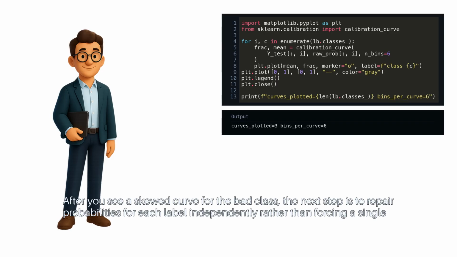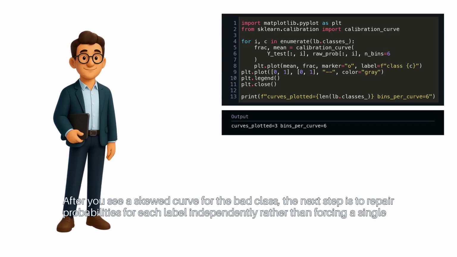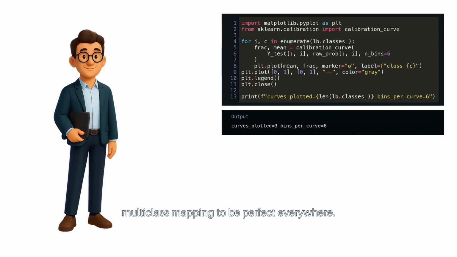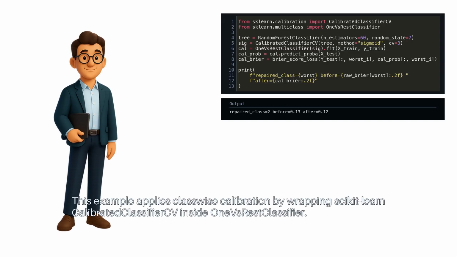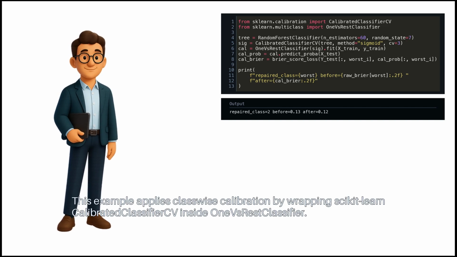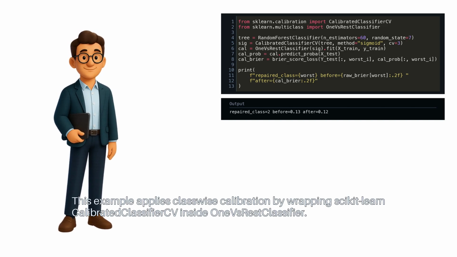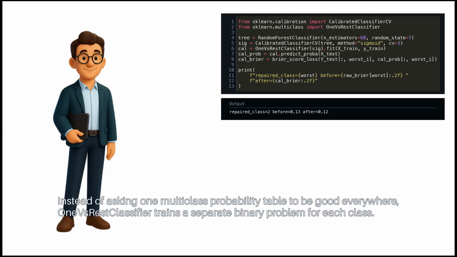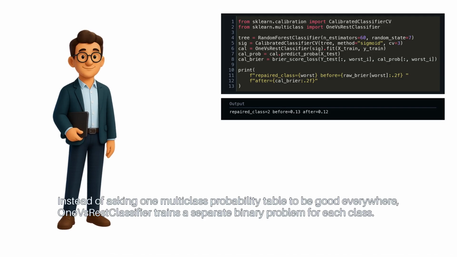After you see a skewed curve for the bad class, the next step is to repair probabilities for each label independently, rather than forcing a single multi-class mapping to be perfect everywhere. This example applies class-wise calibration by wrapping scikit-learn CalibratedClassifierCV inside OneVsRestClassifier. Instead of asking one multi-class probability table to be good everywhere, OneVsRestClassifier trains a separate binary problem for each class.